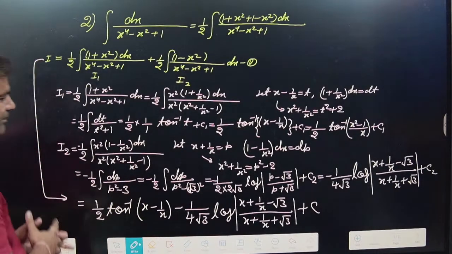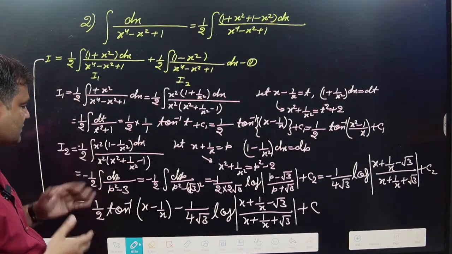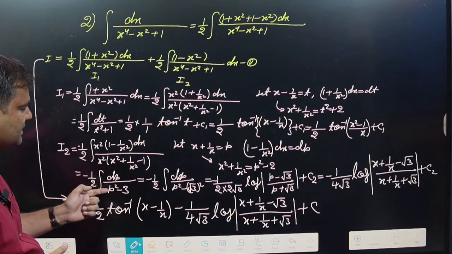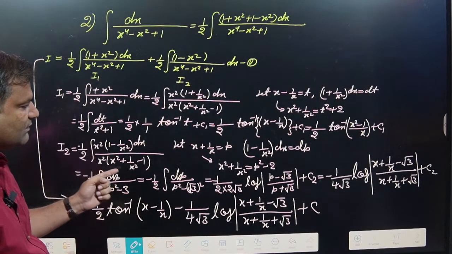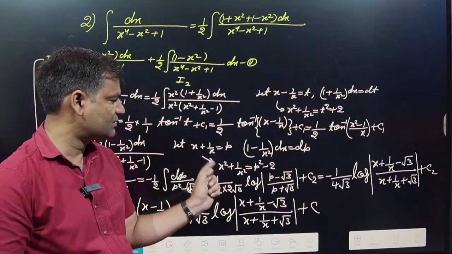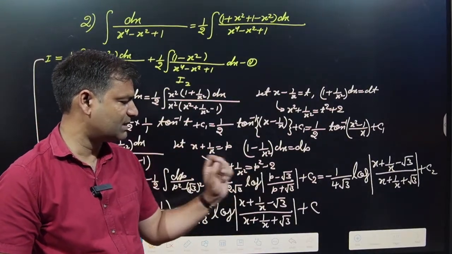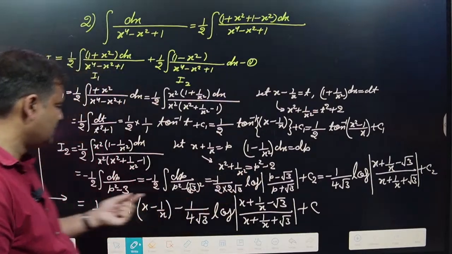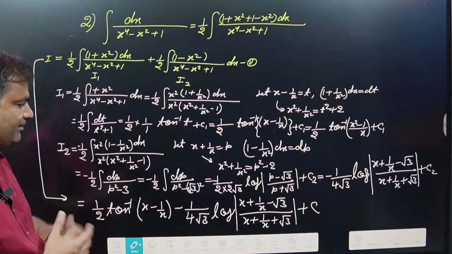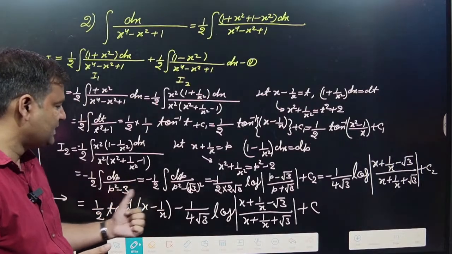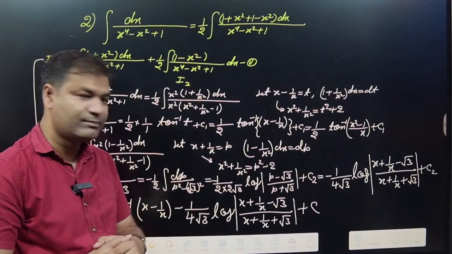Look here, x square cancels, so minus half into the integration of dp divided by p square minus what? If this is p, then squaring both sides we get x square plus 1 upon x square is equal to p square minus 2. Put that value here, then we get p square minus 3. So minus half into dp divided by p square minus root 3 the whole square.